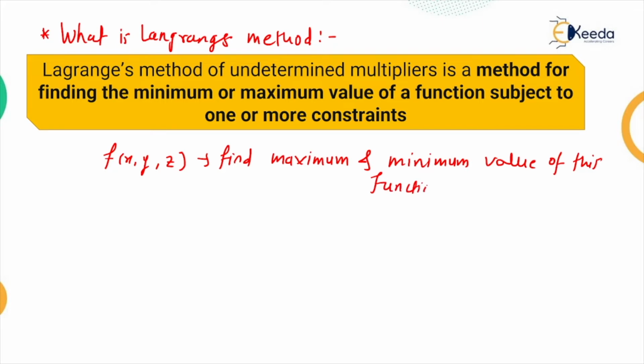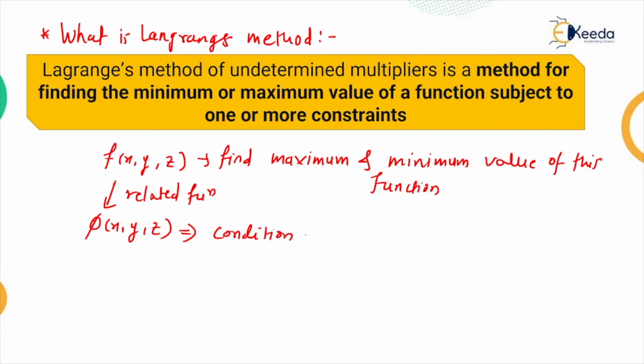But there is another related function to f of x y z given to you, phi of x y z. This is also a function of x, y, z, and from this condition we have to find the maxima and minima. So we call this a conditional function.